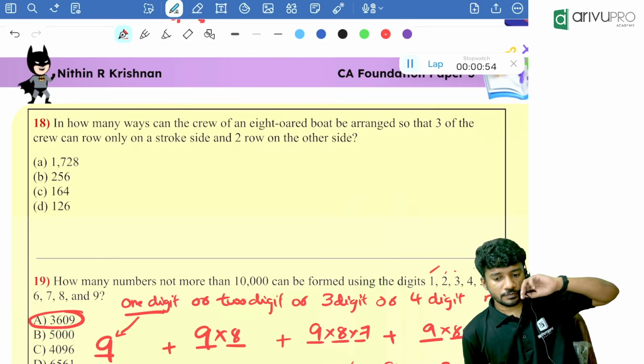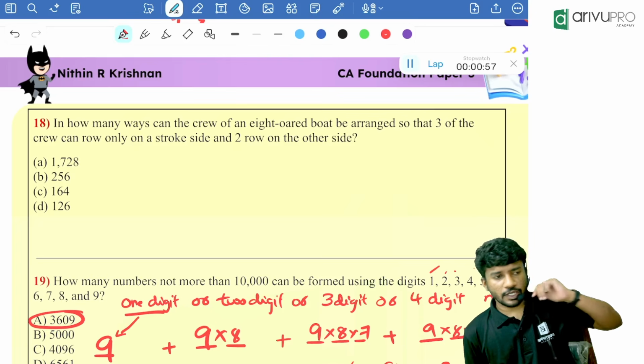Any answers? You can take 2 minutes for this question.